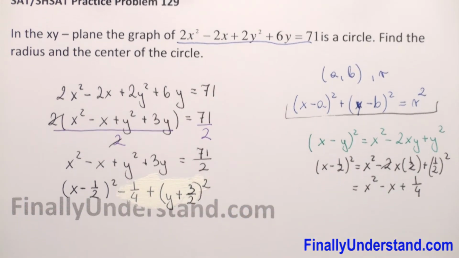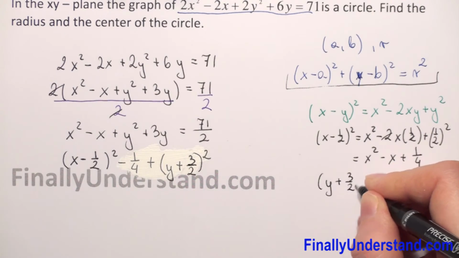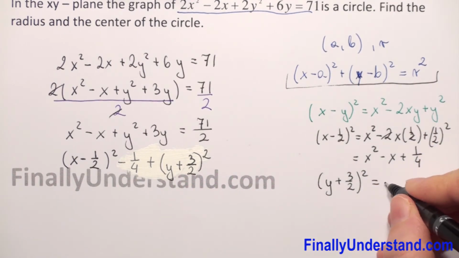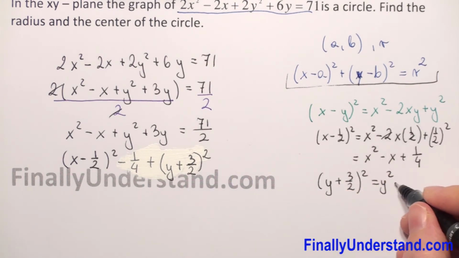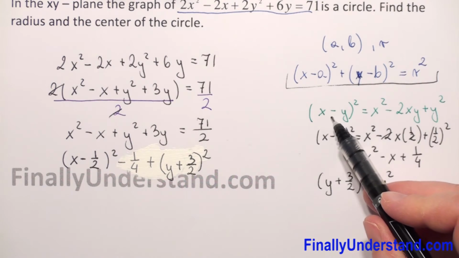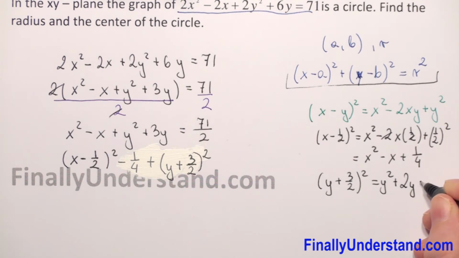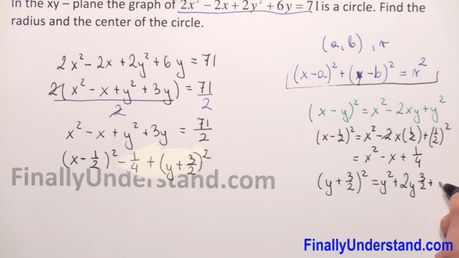Let's see what will be when I raise y plus 3 over 2 to the second power. It will be y squared. I will use this formula, only now we have plus here. It will be plus 2 times y times 3 over 2, the second expression, plus 3 over 2 to the second power.